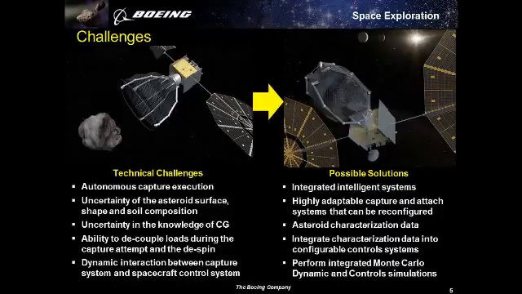Capture will also require the capability to decouple the loads, and I believe that's one of the items we were discussing a moment ago, imparted by the rotation of the asteroid during the initial attempt of capture and later during the D-spin. Hence, the center of gravity and other tensor data will need to be integrated into the control system and the simulations that will enable the capture.